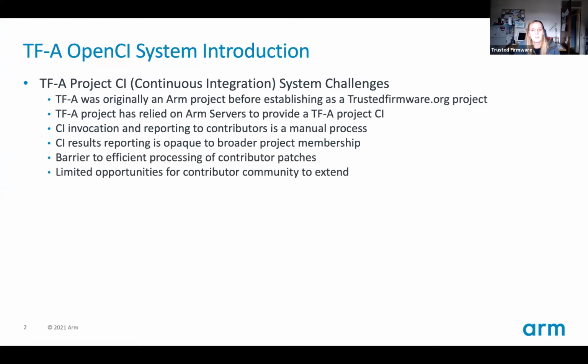Now that we, a couple of years back, migrated to trustedfirmware.org, we have wanted for a long while to transition some of the support facilities like the CI across to more open servers. Mainly because the CI was behind the ARM firewall. Only ARM people could start it off, and could only view the results, and we had to cut and paste into the Gerrit reviews to communicate any CI failures.